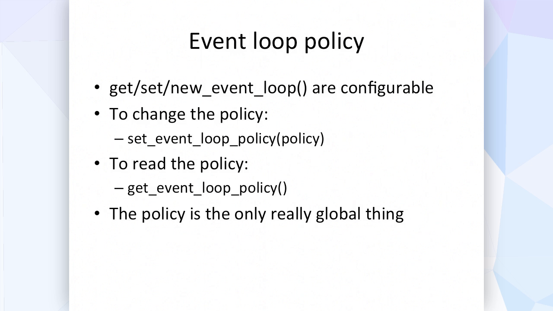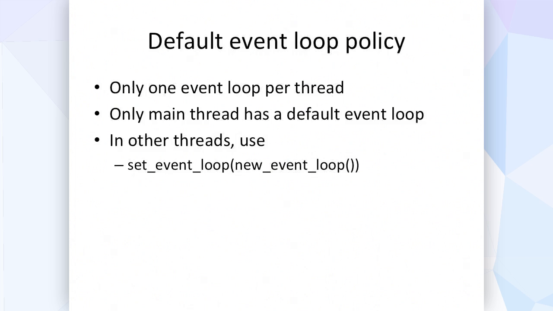You can subclass the default event loop policy to create your own policy. Nobody ever reads the event loop policy except the implementation of get event loop and set event loop, which call get event loop policy, and then they call the get event loop or set event loop method on that policy. And new event loop is also a method on there. So basically any object that implements get event loop, set event loop, and new event loop can be an event loop policy.